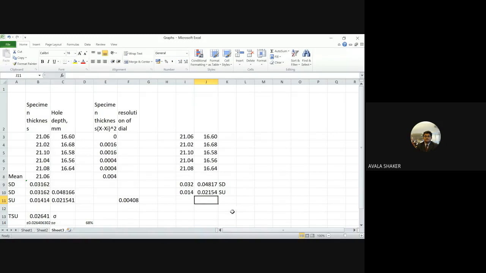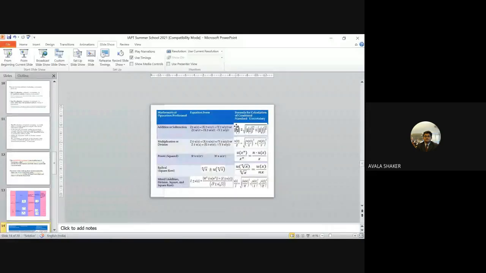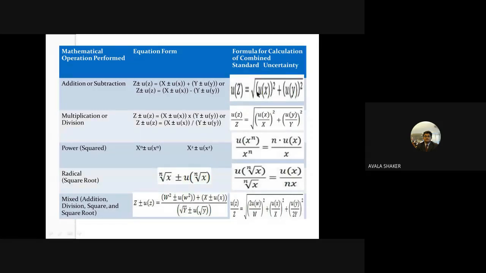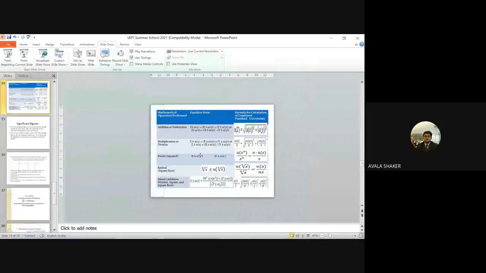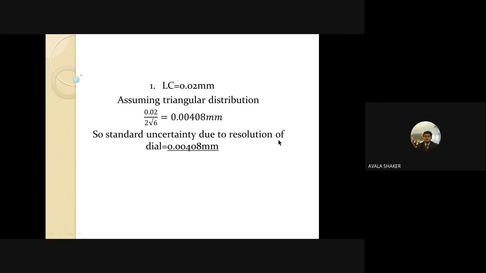Now I want to find out the total uncertainty. For that, we'll have to look back here. In the specimen thickness, we have found the standard uncertainty, and for the hole thickness too, and there's an additional thing, that is the uncertainty in the resolution of the dial.